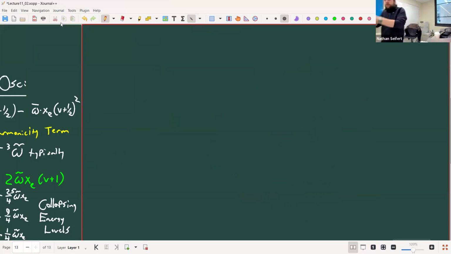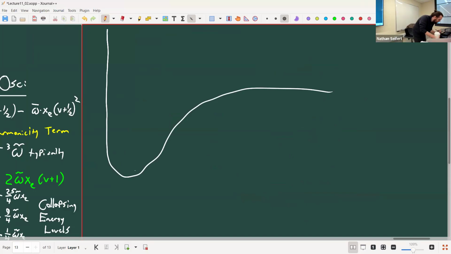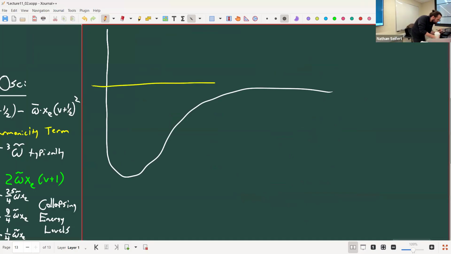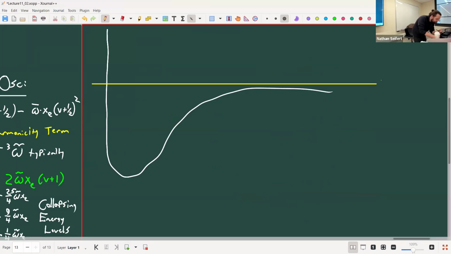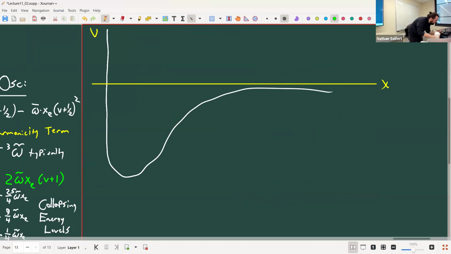Okay, so let's look at what this looks like structurally. I'm just going to draw my potential one more time. And I'm going to draw energy levels in this system. Here's our V equals 0 level. Here's V equals 1.